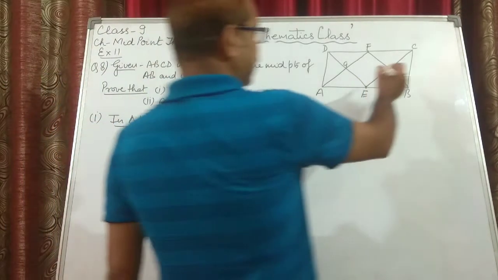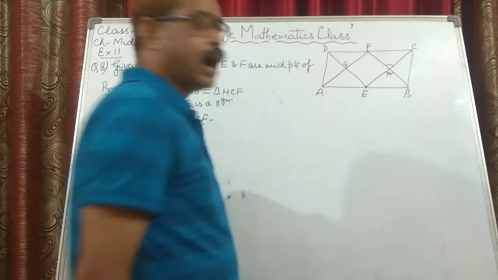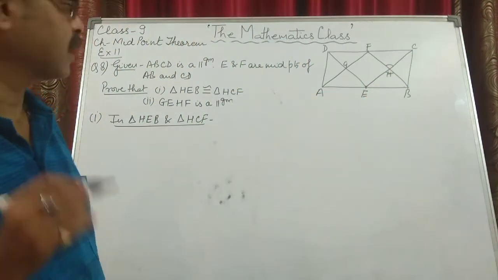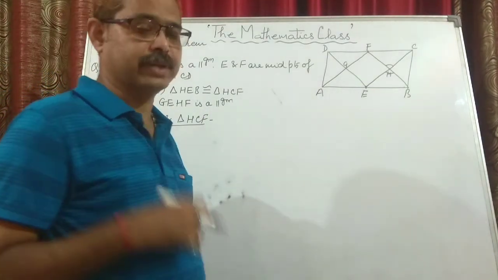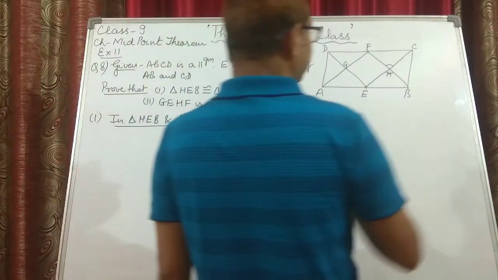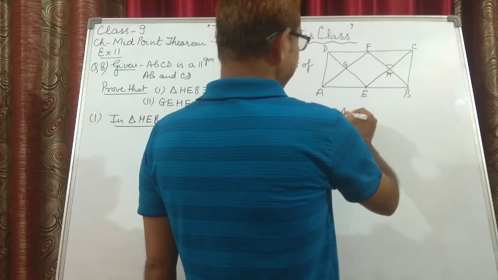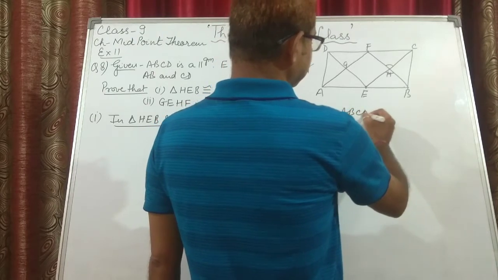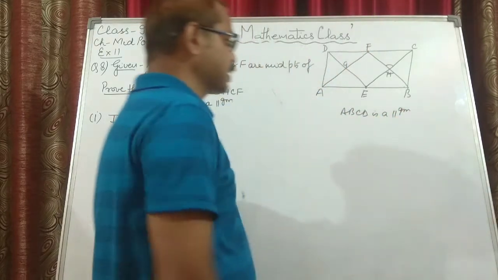You can see that this angle H and this angle H are equal because they can be said as vertically opposite angles, and we know that vertically opposite angles are equal. Now, one more thing you can say, since ABCD is a parallelogram, this is only to make you understand.